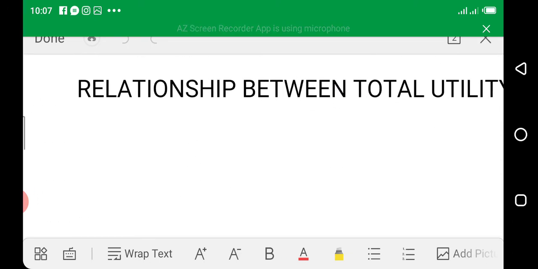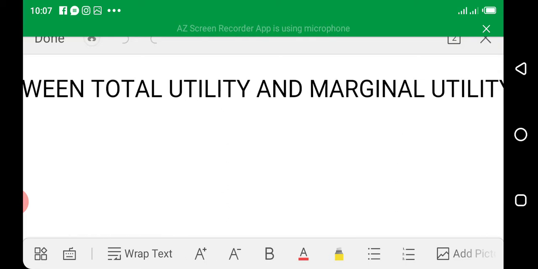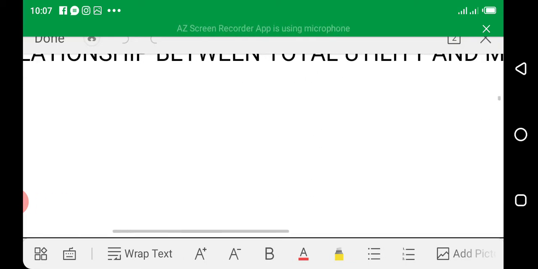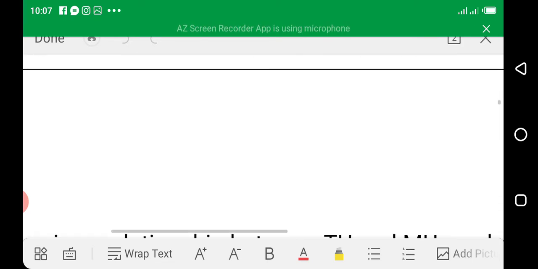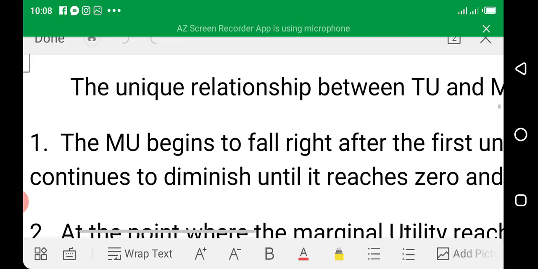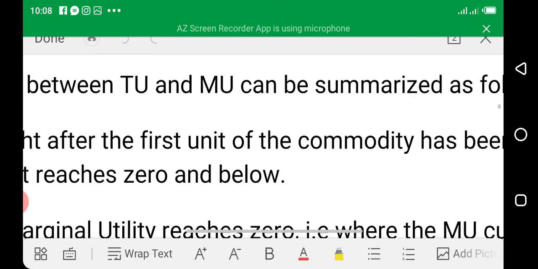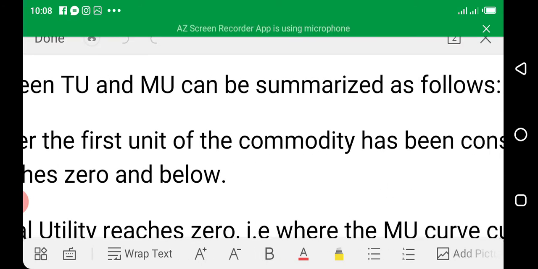Let's look at the relationship between average utility and marginal utility. The unique relationship between the two, as in total utility and marginal utility, can be easily summarized as follows.